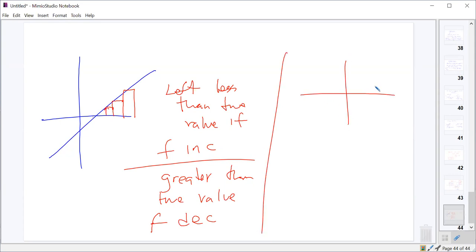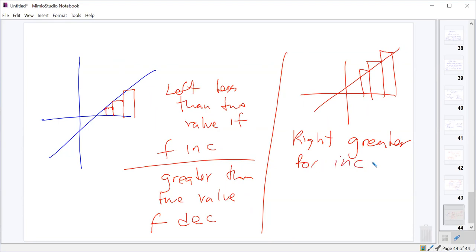And then the opposite of that is true if we have a right rectangular approximation. The right rectangular approximation is greater than the true value for an increasing function, and it is less than the true value if it's decreasing. Everybody good with that?